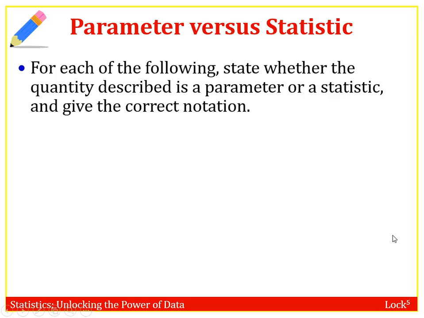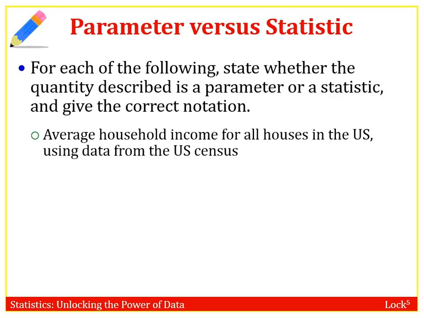For each one of the following situations, state whether it's a parameter or a statistic. Average in all households. So it would be a parameter. Being an average, it would be mu.